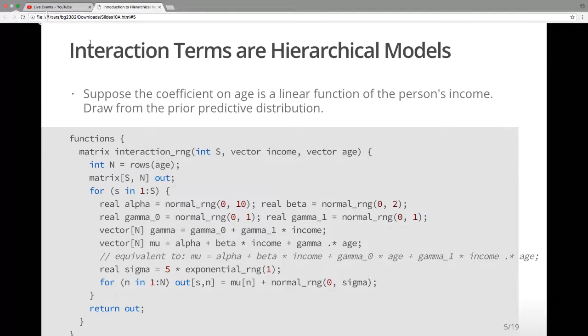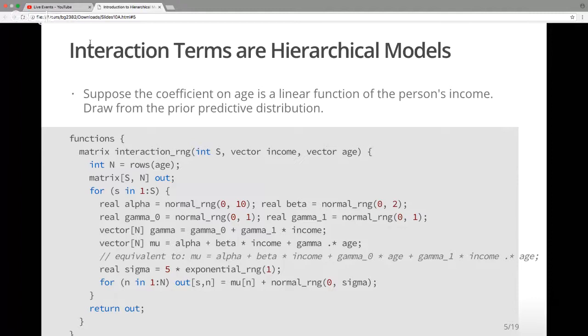Marlon? Based on the code here, two persons with the same income have the same gamma value. Yes. Particularly if we use income categories, it's totally possible that you'd have more than one person with the same income and consequently the same coefficient on age.